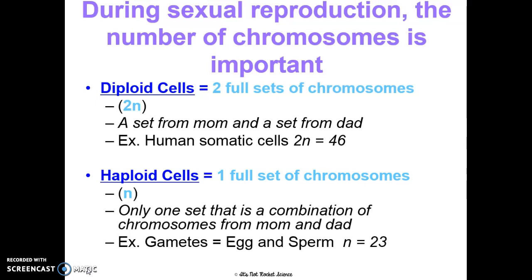So that's where that N comes from instead of being 2N. Because our goal is to end up with two full sets. So if our egg and sperm both had two full sets, instead of ending up with two, we would actually end up with four. So we want 1 plus 1 instead of 2 plus 2.